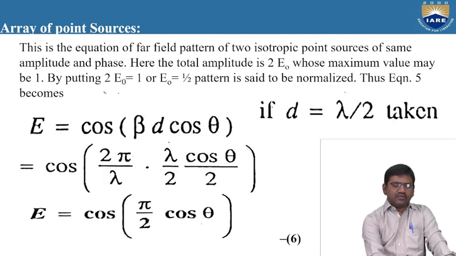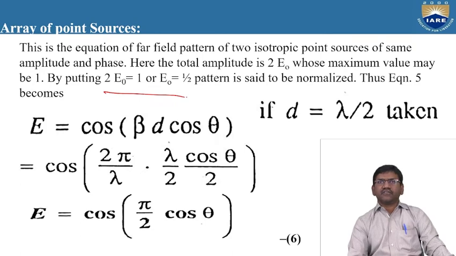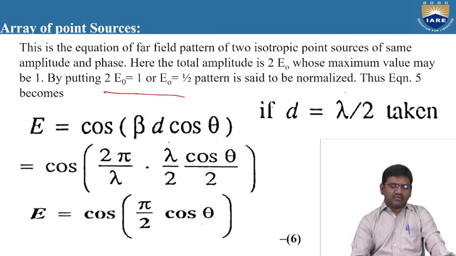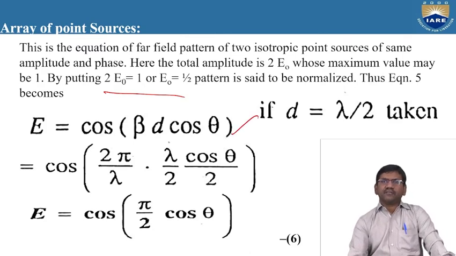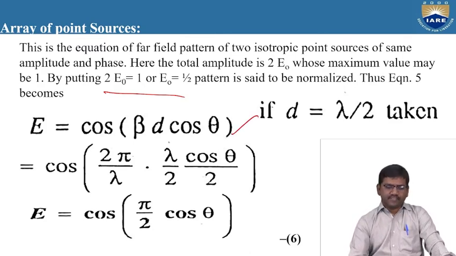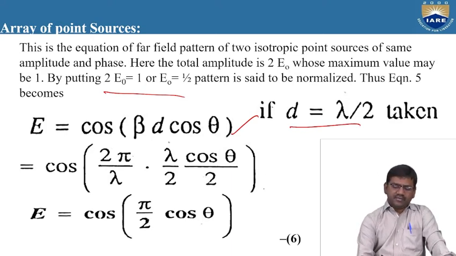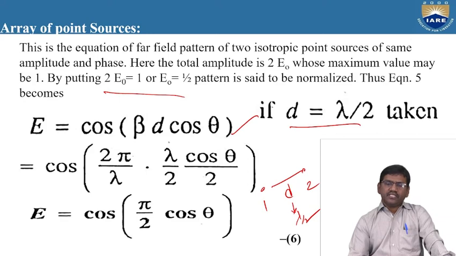If we want to normalize the electric field pattern, let us assume 2 E0 is equal to 1. Then the remaining term will be cos of (β d cos θ)/2. Now let us assume d, the separation between element 1 and element 2, as λ/2.